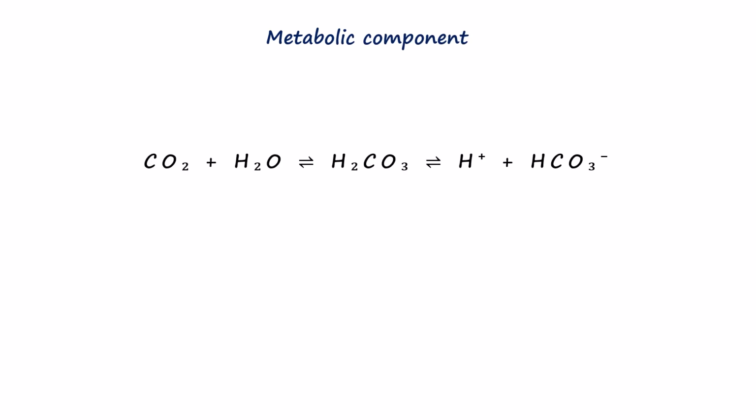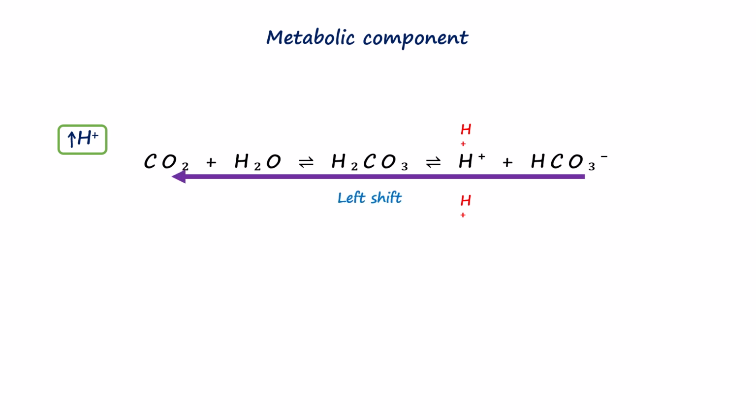Now let's see what happens when the reaction starts from the metabolic side. The metabolic side contains hydrogen and bicarb. When there is excess hydrogen as seen in metabolic acidosis, the reaction shifts left. Hydrogen reacts with bicarb to form carbonic acid, which then dissociates into water and CO2.